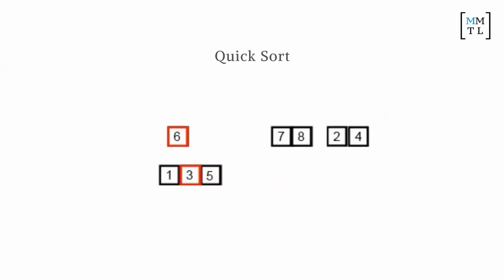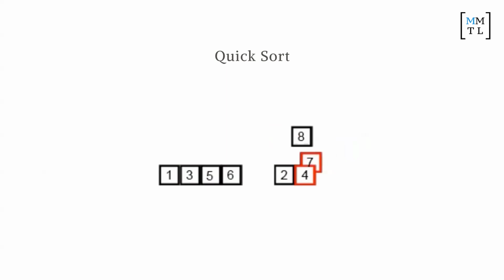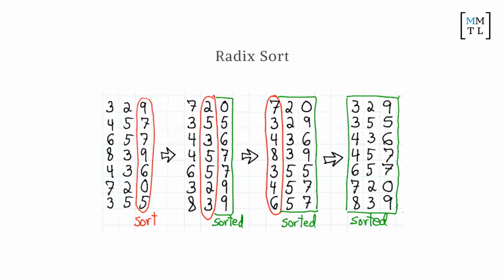All right, and then there's another method called quicksort. Unfortunately, the GIF doesn't reset every time I press it. But basically what happens is you find a pivot point, and then you switch numbers based on where they are relative to a specific number in the list. And then the most creative one I've seen is something called radix sort, which is that if you have numbers which are sufficiently small, you sort the last digit first, and then the second digit, and then the third digit, and then it becomes sorted.